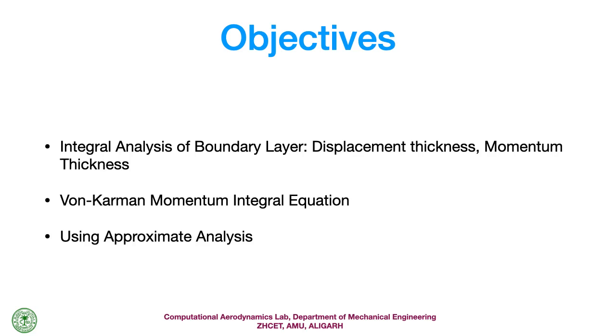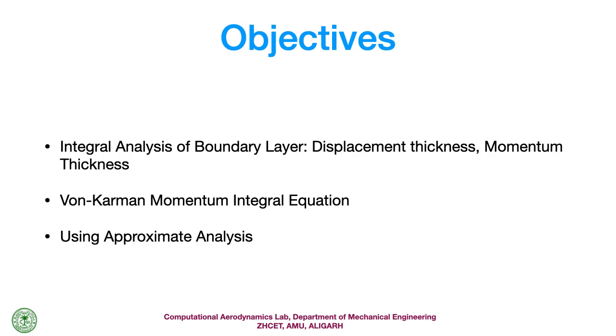Now this von Karman momentum integral equation is just the integral form of the momentum boundary layer equation, and then I will use these two things, that is the momentum integral equation and the displacement and momentum thickness, to generate the first predictions of boundary layer thickness, drag, and friction forces, friction factor, skin friction coefficients.